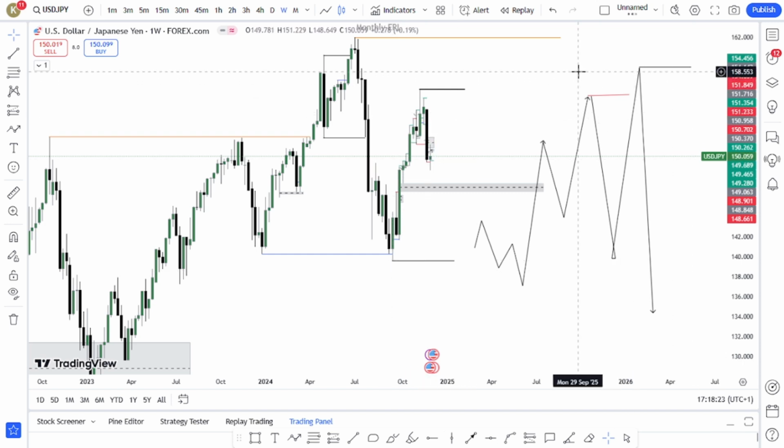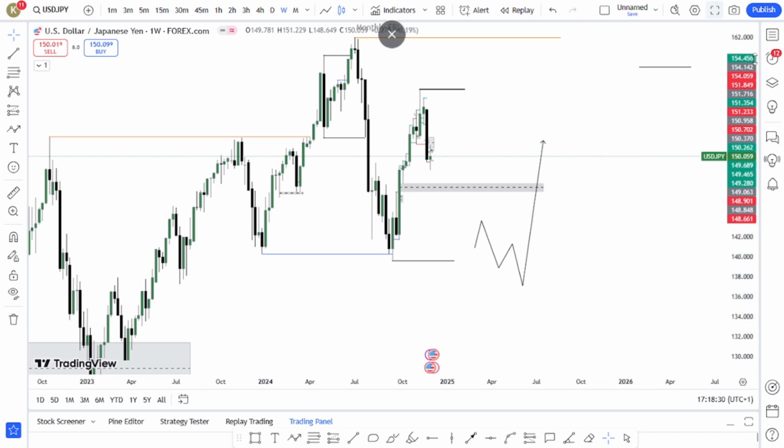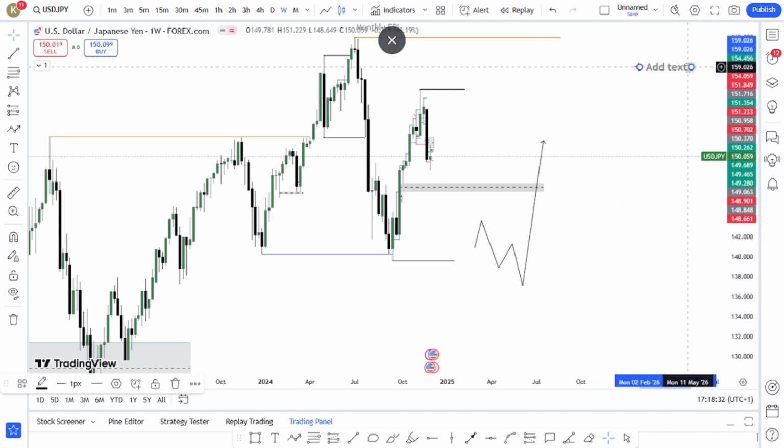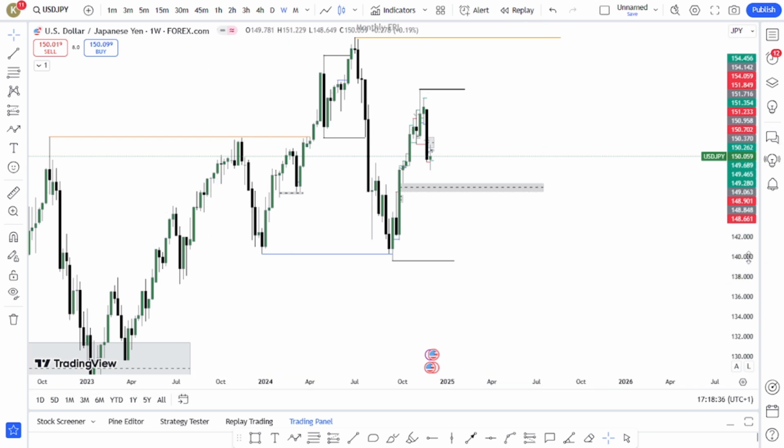So it might look very confusing, but those of my students in the Blue Kings Academy understand this, and you should join the mentorship to have a clearer understanding of how to trade. But this is a clean breakdown.